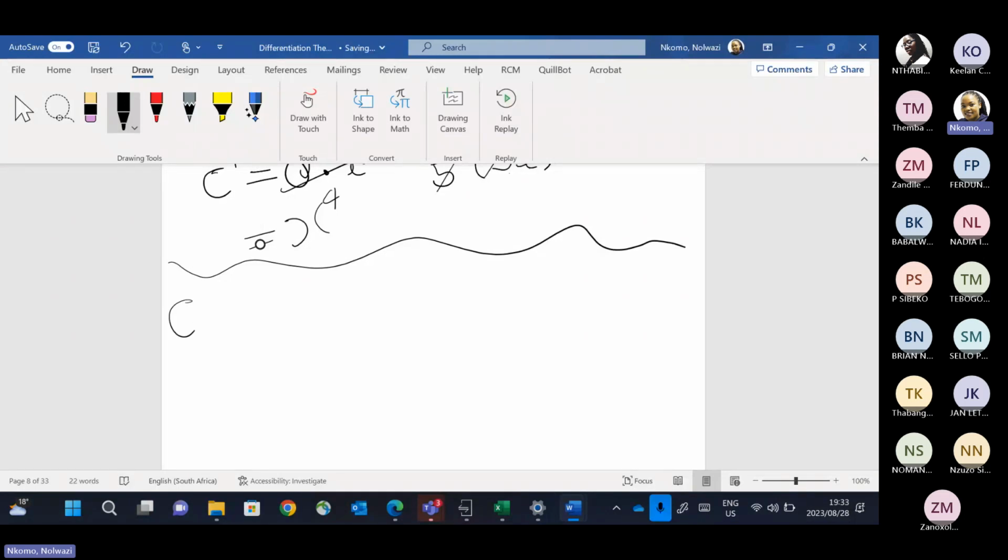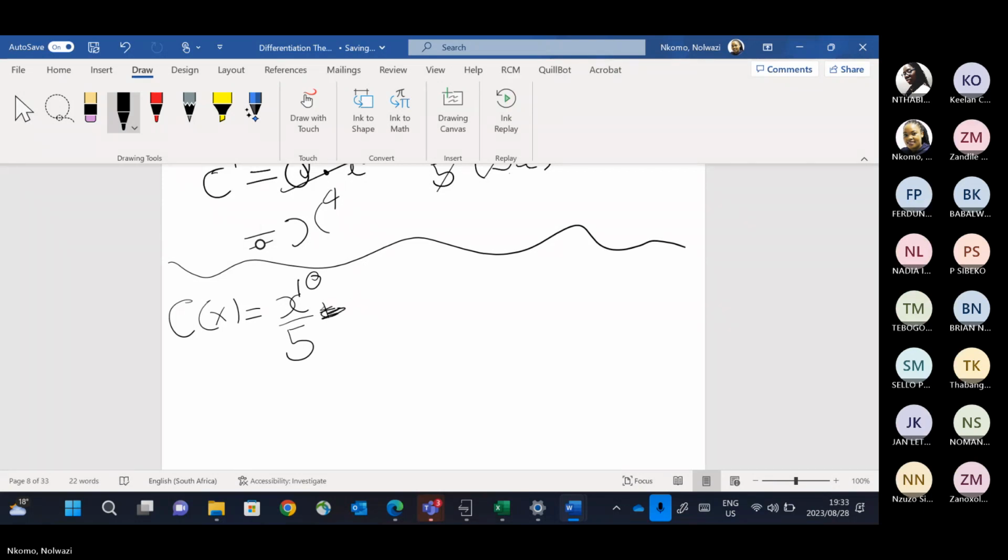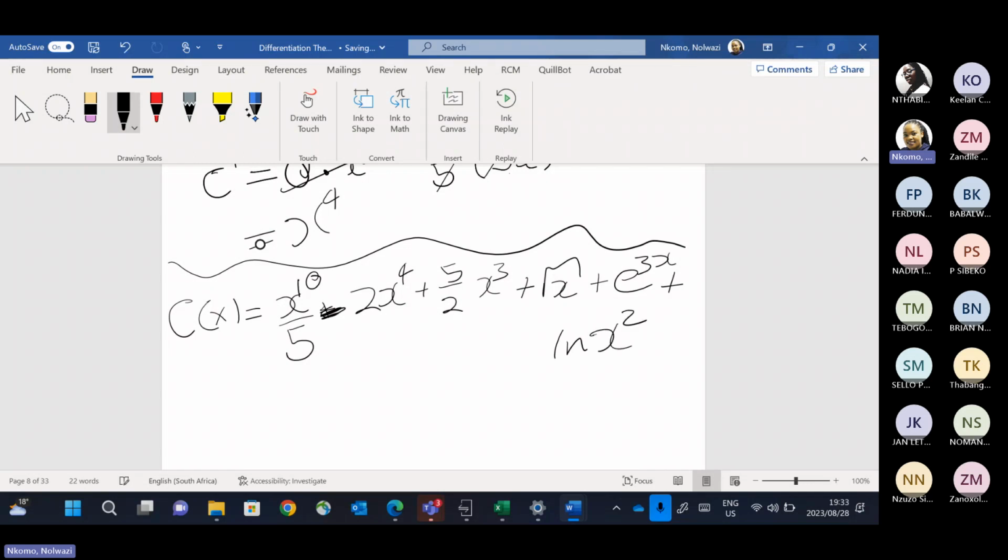We have C of x as 2x to the power 4 plus 5/2 x cubed plus root x plus e to the power 3x plus ln x squared.